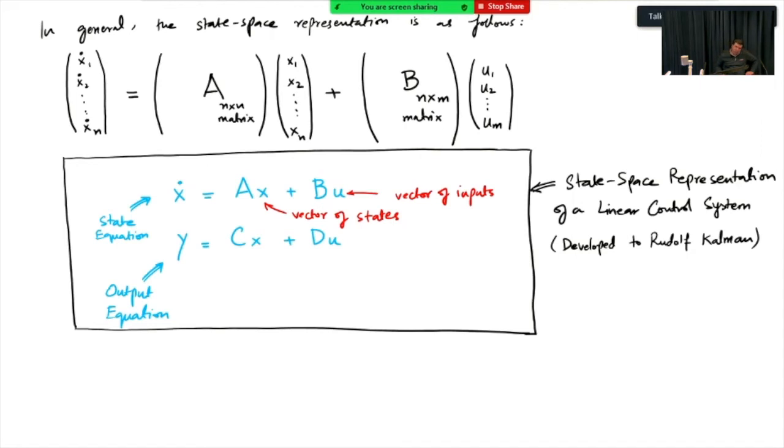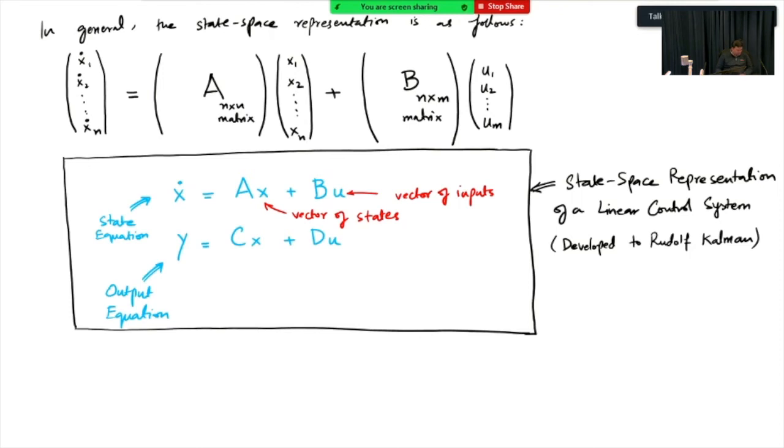The frequency domain approaches have been there for a long time, but after Kalman came in, he started pushing for this state space approach, and there are several benefits that you will see in this course, and it also helps simplify a lot of things.